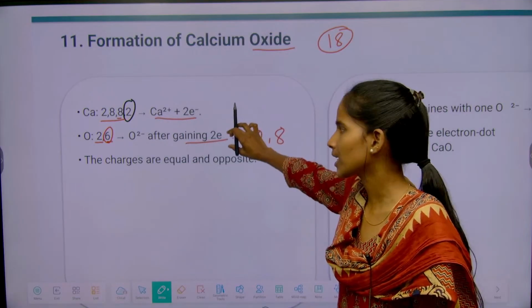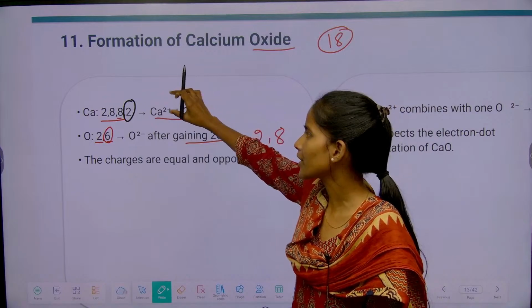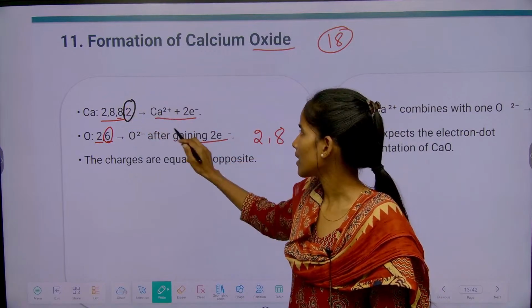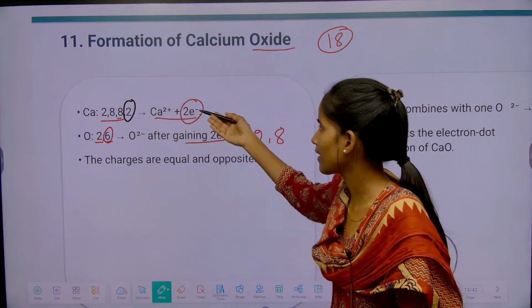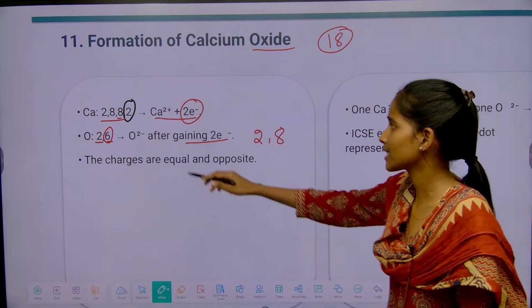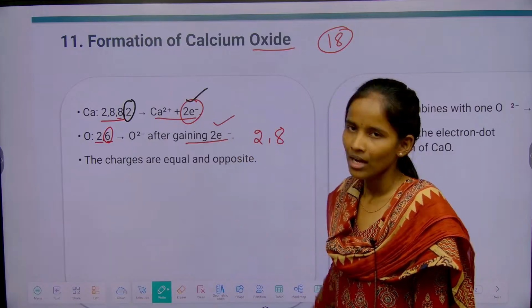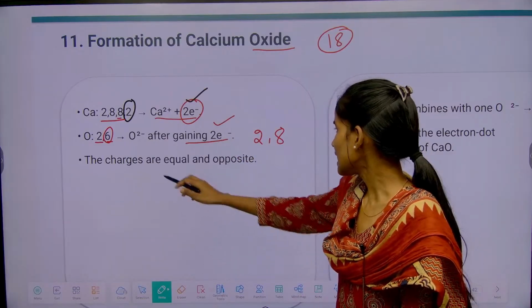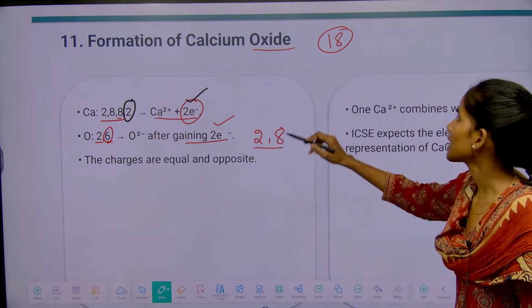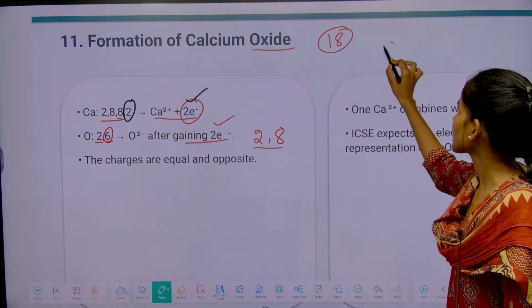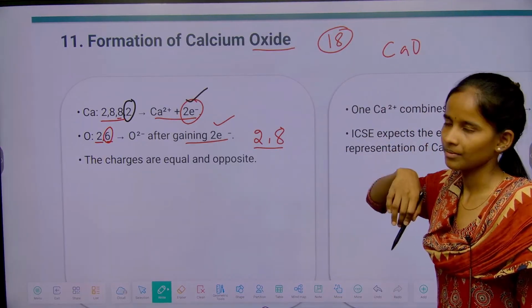Where does it take these 2 electrons from? It is taking from calcium, the excess electrons removed from calcium, those 2 electrons are taken by the oxygen atom. The resultant compound is calcium oxide.